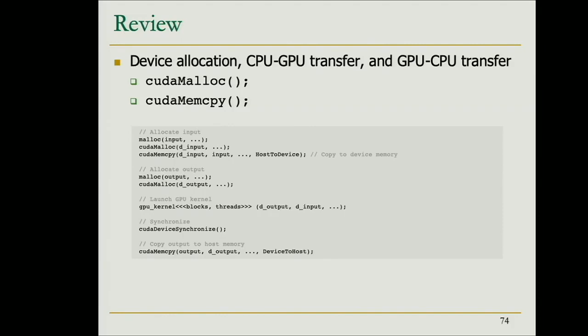Because if you look at this model, the only thing the CPU thread is doing is offloading the computation to the GPU and waiting for the GPU to finish, right? So during all this time, the CPU thread is doing nothing. The CPU cores are doing nothing, at least related to this program.